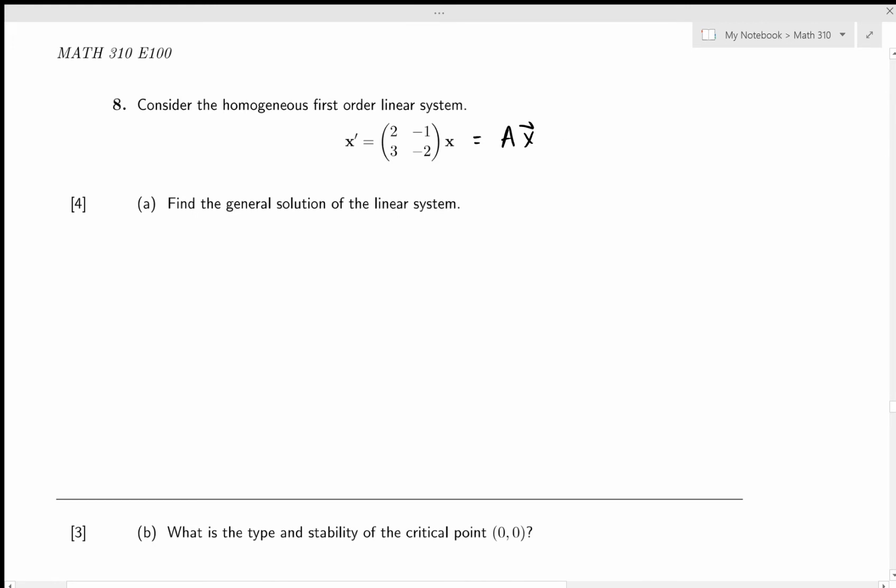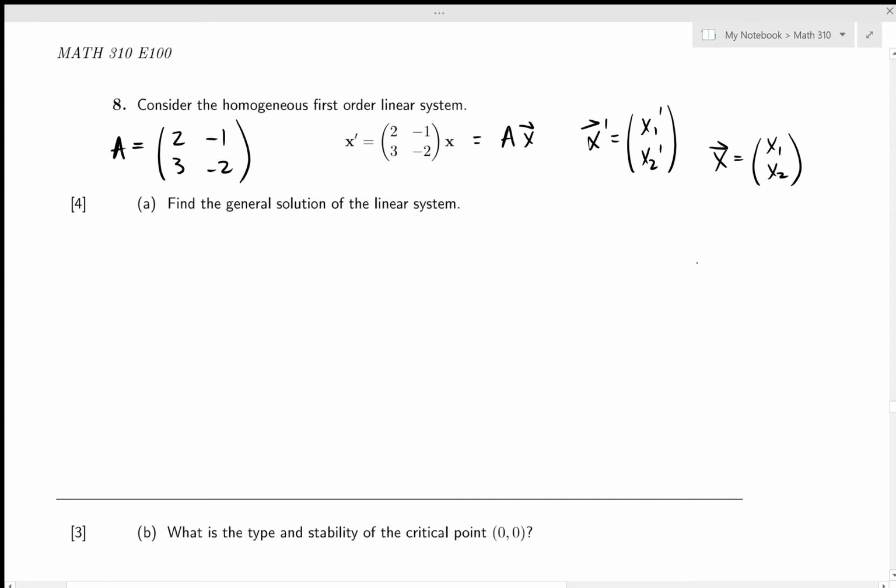You wouldn't have to do this yourself when writing out an exam, but I want you to remember and be clear that x prime is a column vector that looks like this, x1 prime and x2 prime, and that x is also a column vector looking like this, x1 and x2. So this is a statement of 2 first order differential equations when I have the matrix A being this thing here, 2, minus 1, 3, minus 2.